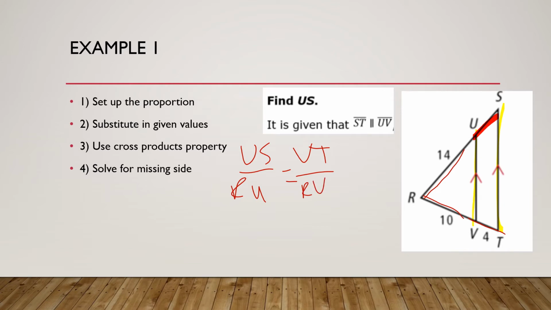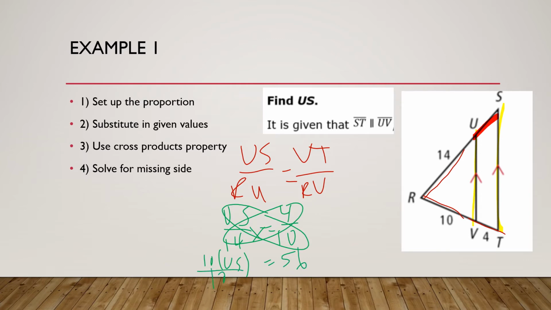Then we're going to substitute our values. So U to S, we don't have any values, so that just stays US. R to U is 14. V to T is 4. R to V is 10. And now we can solve by using our cross products. So we have 10 times US equals 14 times 4, which is 56.